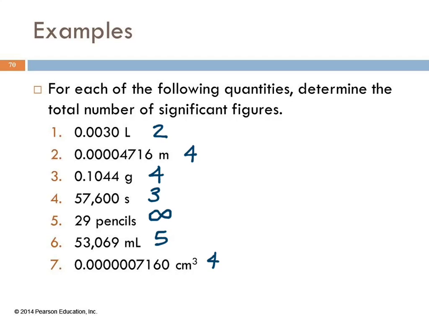But when you count discrete objects, you either have 1 object or 2, you don't have 1.5 objects. So 29 pencils, exactly 29, we could say there are 29.000, and we could spend the rest of our lives writing zeros. And so we say it's infinite. Any other questions? Questions are good.